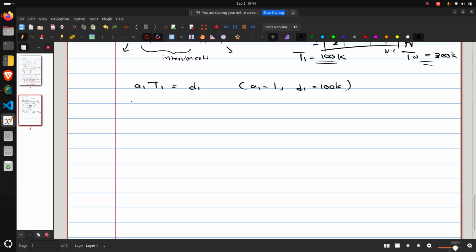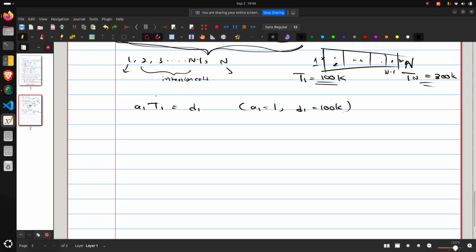Now going to point number 2. So what will be point number 2? For point number 2 we can write something like this: a2 t2 is nothing but b2 t3 plus c2 t1 plus d2, right? You are familiar with this form, right? Yeah. Okay.